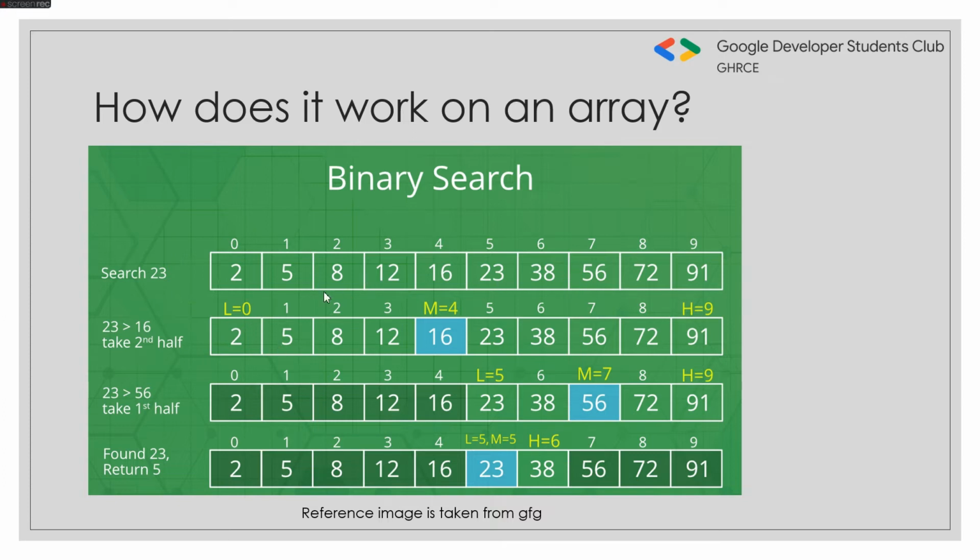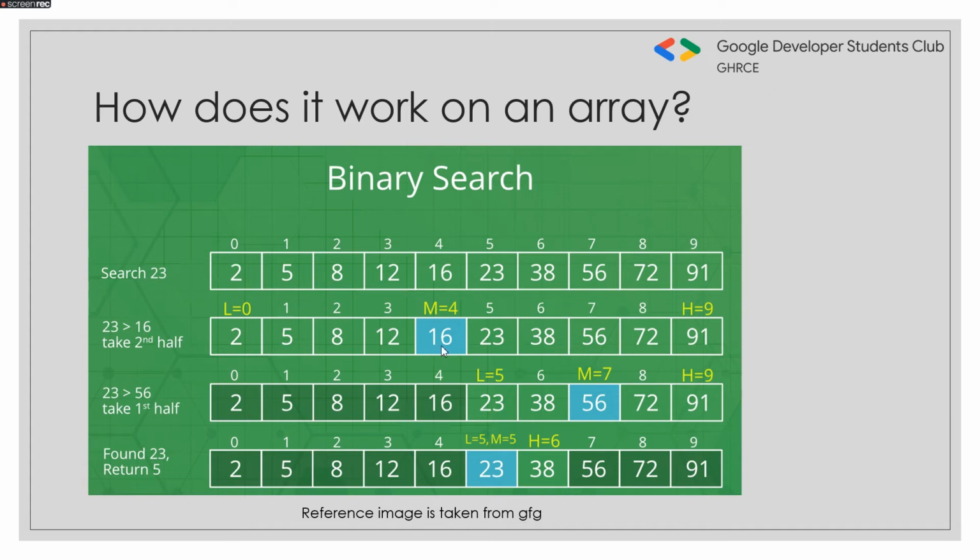I calculated the middle using low and high. How? I calculated their average, means 0 plus 9 by 2, means low plus high by 2, which is 9 by 2, so it is 4.5. But in this case we are doing integer division, so our answer would be 4, because the fractional part will be truncated. So that's why we are checking at the 4th index if it is equal to our key or not.